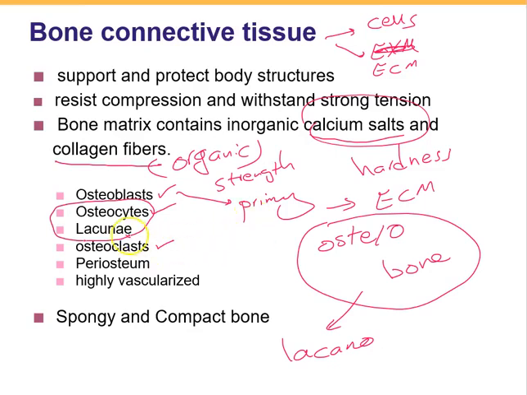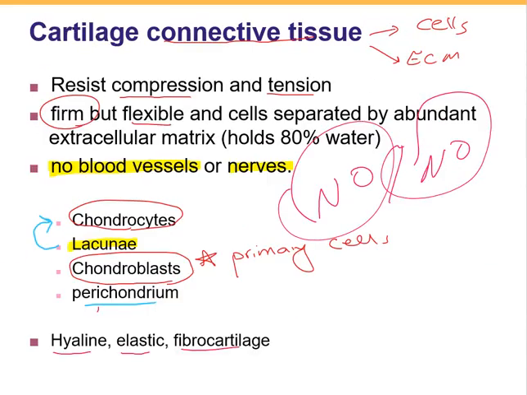So in this way, our bone is always going to be healthy. Periosteum. Do you remember we talked about the perichondrium? Let me go back. The perichondrium is a dense, fibrous connective tissue which is found around the cartilage.